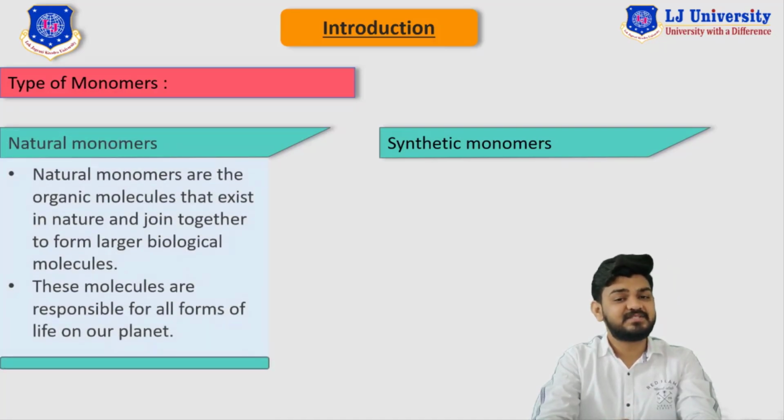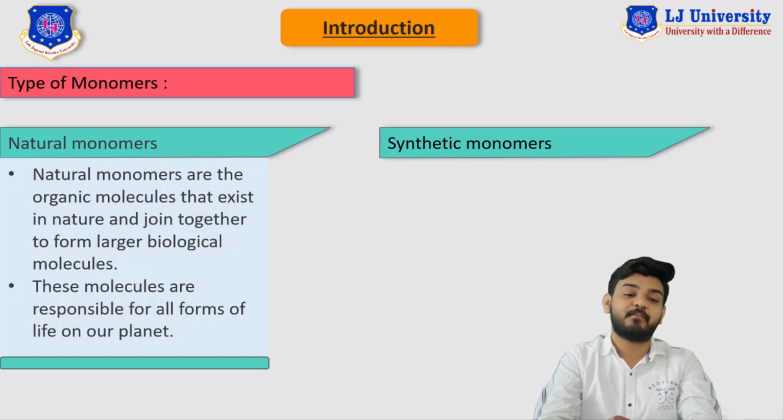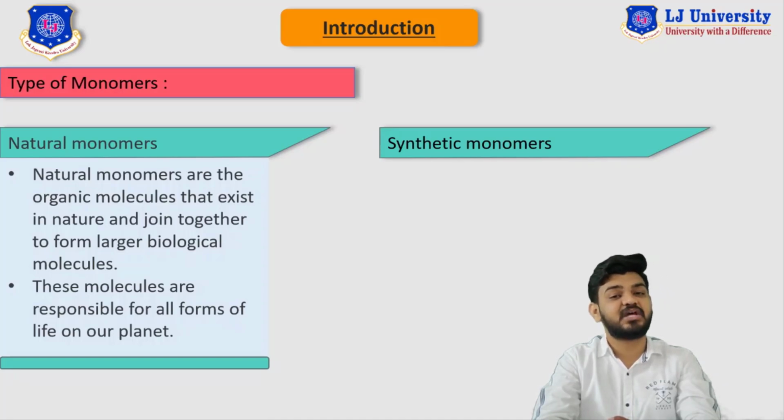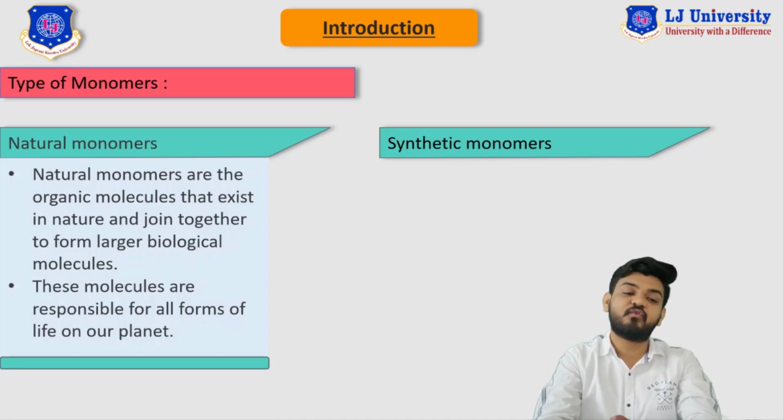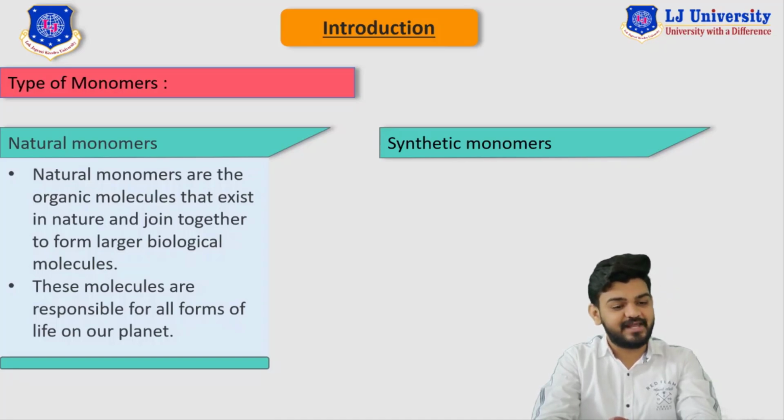As the name suggests, natural monomers are derived from nature and they are the building blocks for all living organisms on planet Earth. So we can say that natural monomers are the organic molecules that exist in nature and join together to form large biological molecules. These are molecules responsible for all forms of life on our planet.